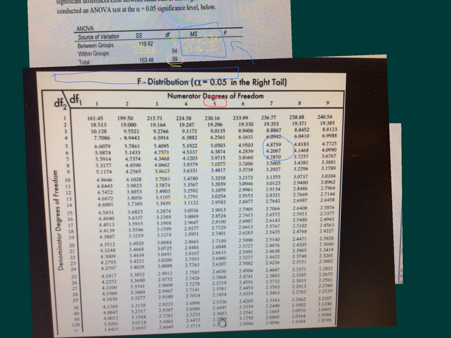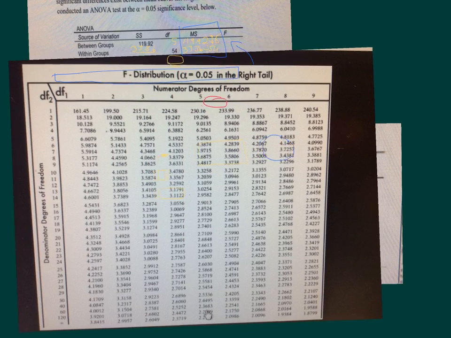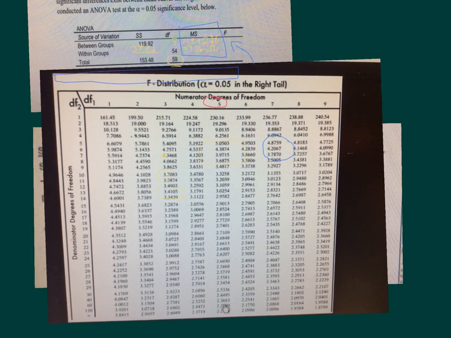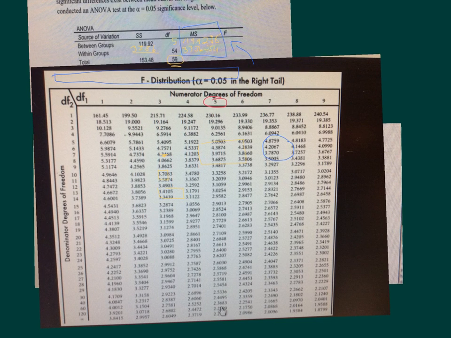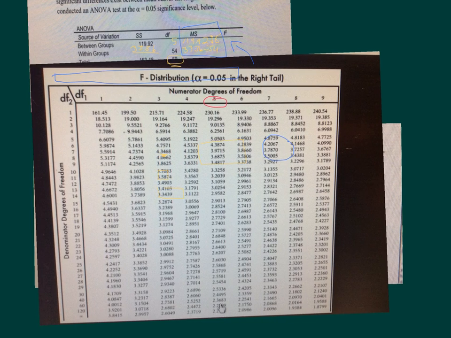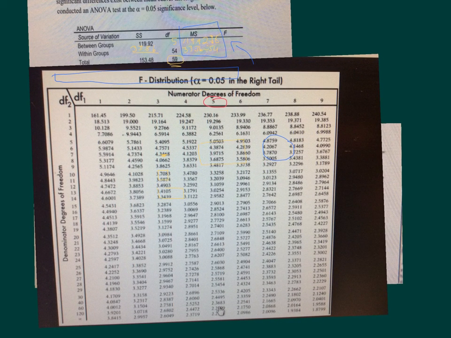What we have to do here is go to the closest value. For 54, the closest value is going to be the 60 from our chart. So when we go across where 60 and 5 meet, it's this value right here, which is 2.37. So 2.37 is our F crit.